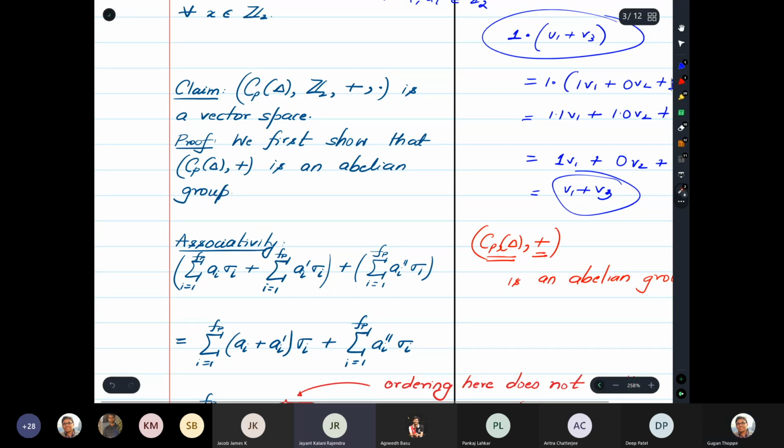Instead of a field over here, we could also have something called a ring. I don't know how many of you are aware, but the set of integers is a ring, but not a field. The reason is that the elements in Z do not have a multiplicative inverse.